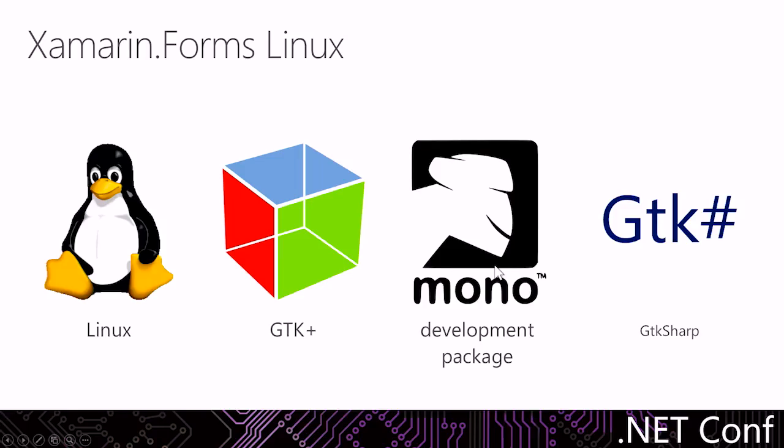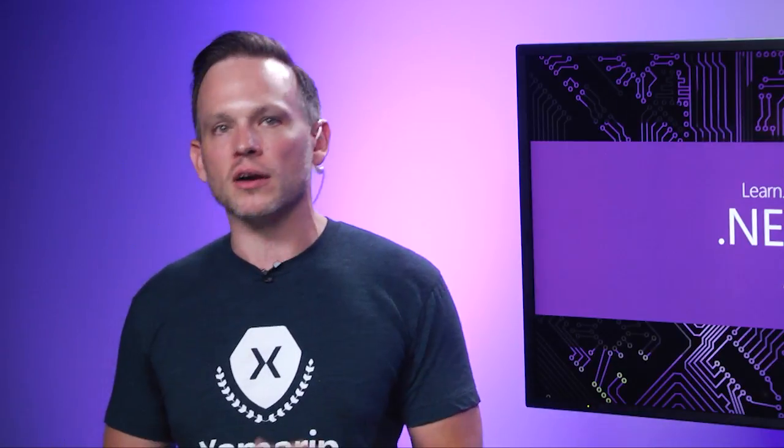So GTK Sharp gives that to the C# developer. C# on a Linux machine often runs Mono. Mono is essentially our .NET runtime in a cross-platform environment, and one of those platforms would be Linux. So we can run our .NET runtime on Linux with Mono.